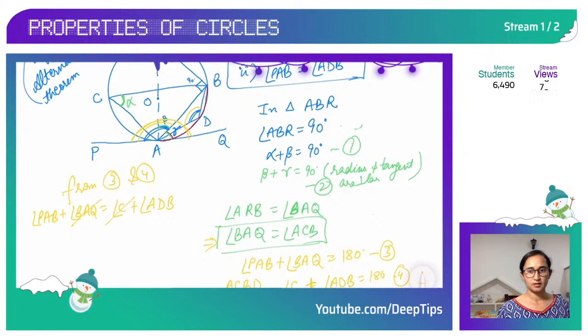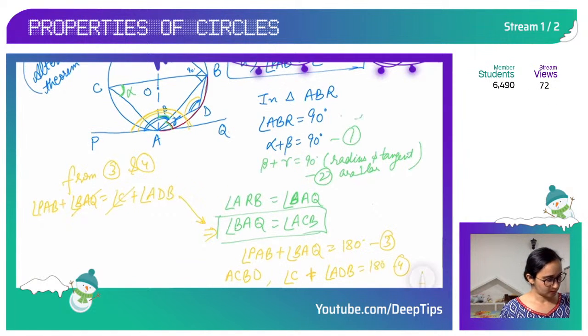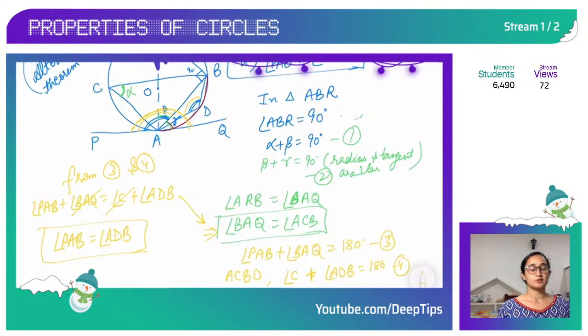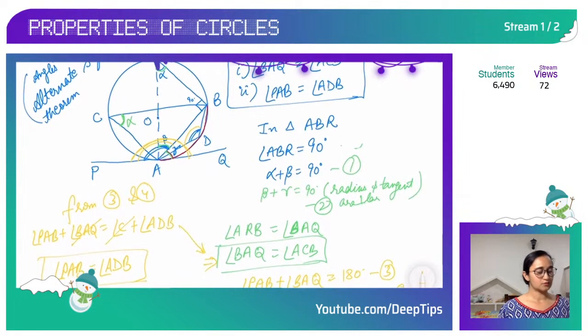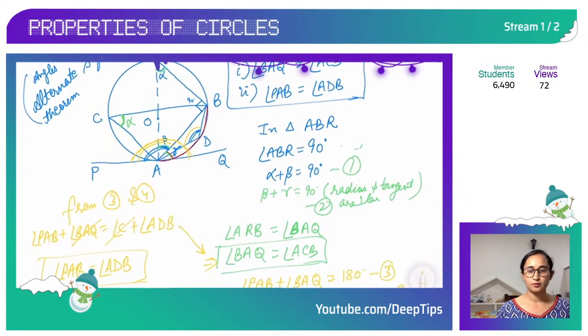So then angle PAB is equal to angle ADB, hence proved, right? So this is how the alternate segment theorem works. So here basically what you have to remember is that if one angle is in the minor segment, then the other will be in the major segment, because that is alternate to minor, right? Minor to major and major to minor.